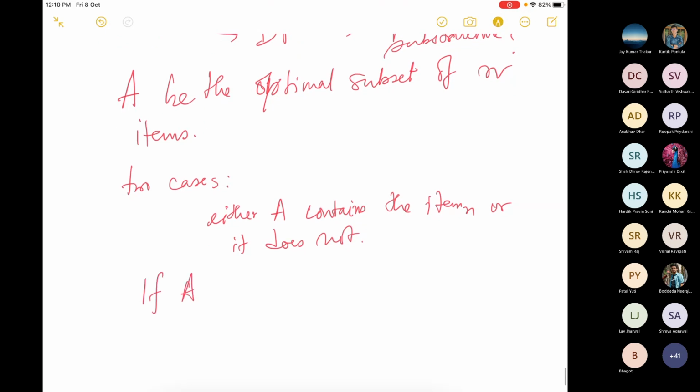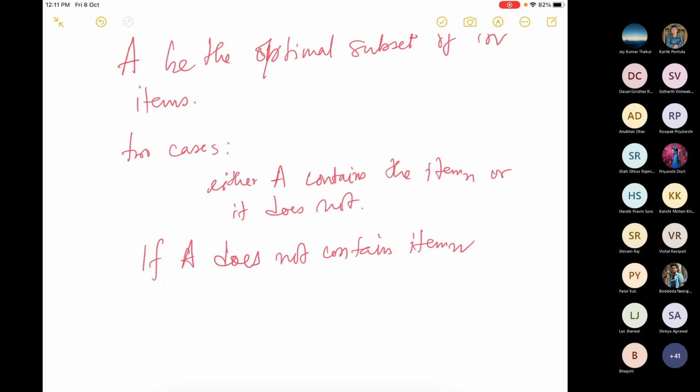Now, if A does not contain item n, then what can we say? This helps us to build up the optimal substructure.